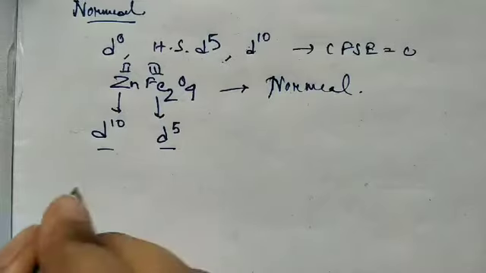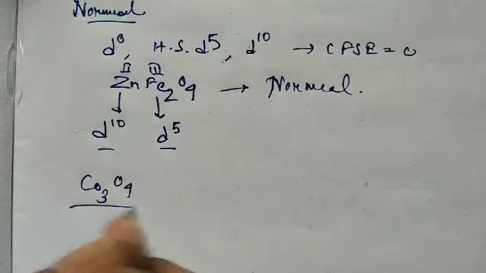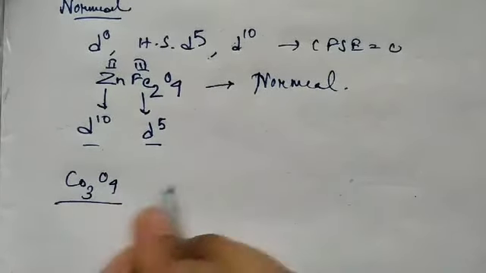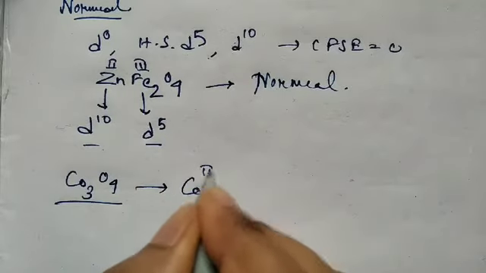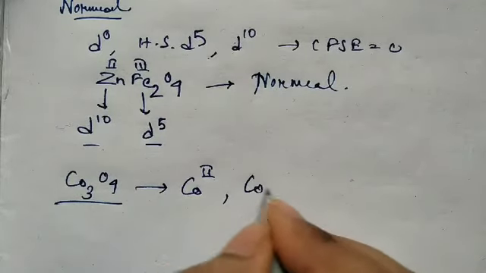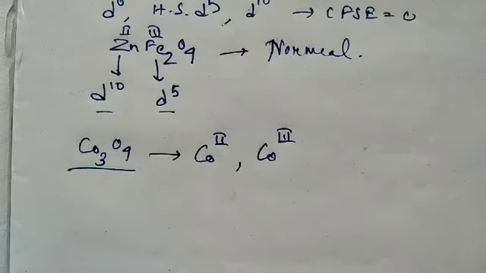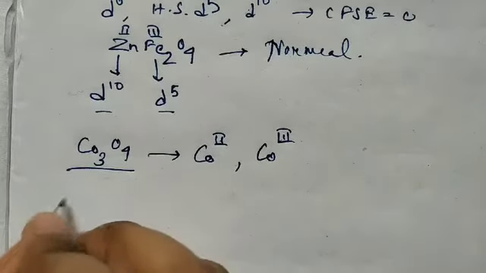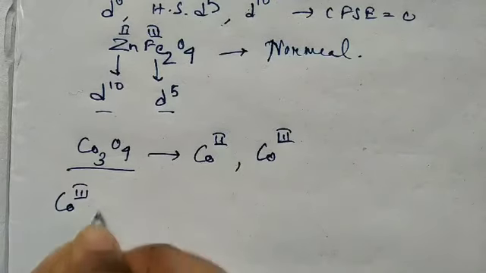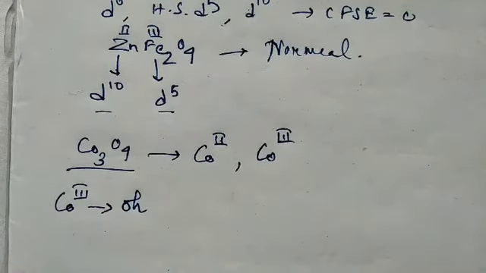Let's take the example of Co3O4. Here I'll tell you about one exception. Cobalt 2 is the divalent cation and cobalt 3 is the trivalent cation. Let us find the CFSE of cobalt 3 first in the octahedral field.